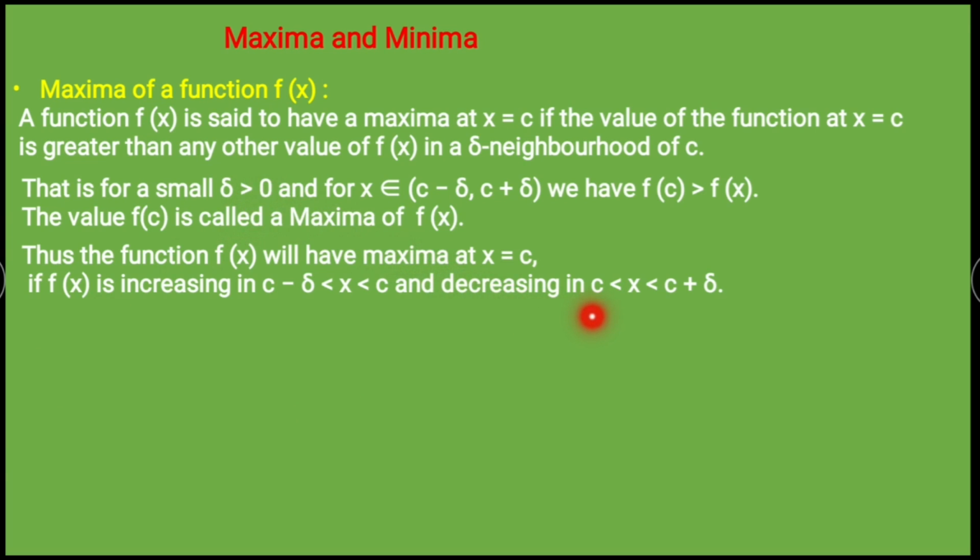So with the help of increasing and decreasing function, we can also define maxima of function f of x as: the function f of x will have maxima at x equals to c if f of x is increasing in c minus delta less than x less than c and decreasing in c less than x less than c plus delta.